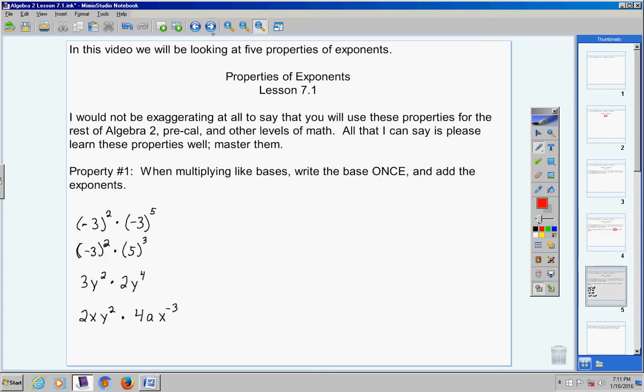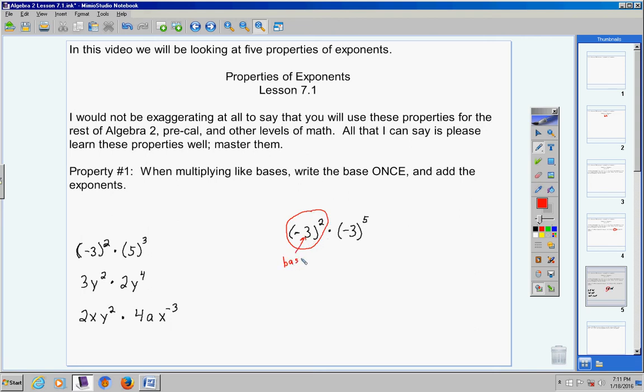Here we go. Let's start off with a really simple example here, okay? Copy this in your notes please, pause the video all that you need to. I would like to point out to you that in this part of the problem right here, the -3 is your what?